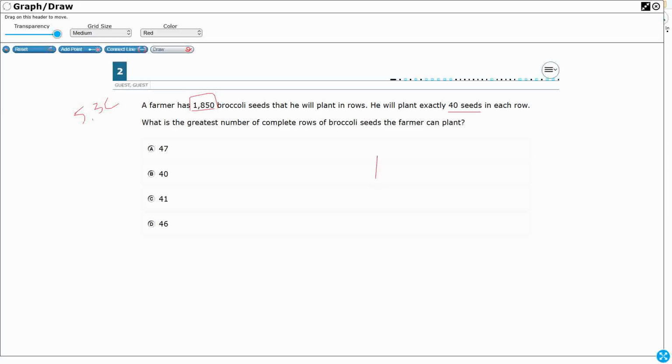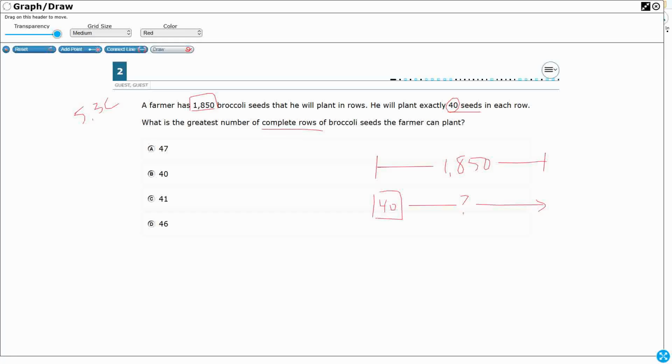So my total is 1850, and then I need 40 seeds in each row. So I've got rows of 40, and I don't know how many rows of 40 it takes to get all the way up to 1850. So what is the greatest number of complete rows? There might be a remainder I need to interpret.